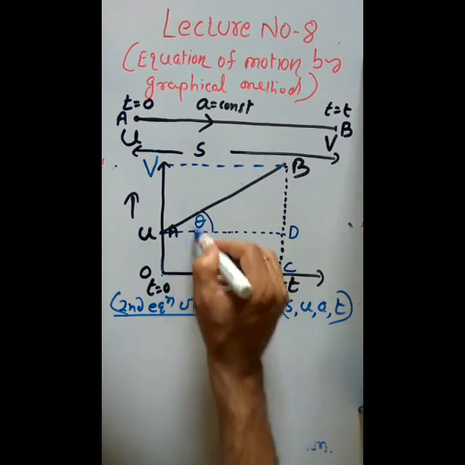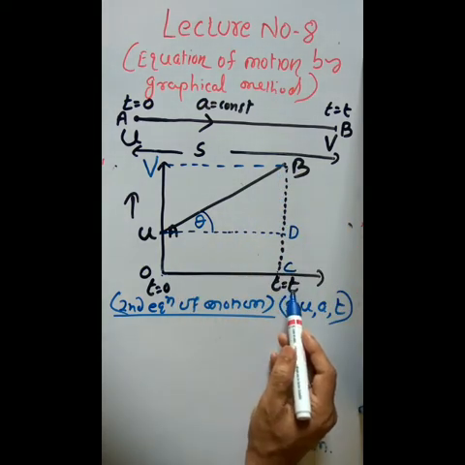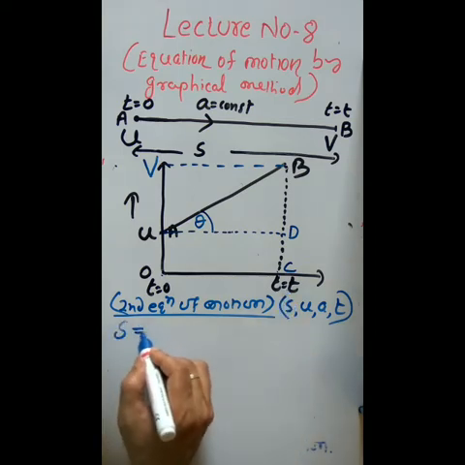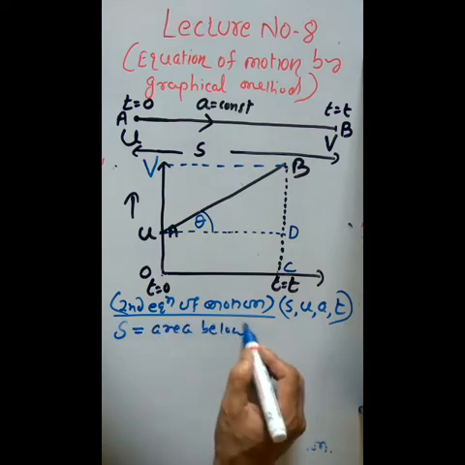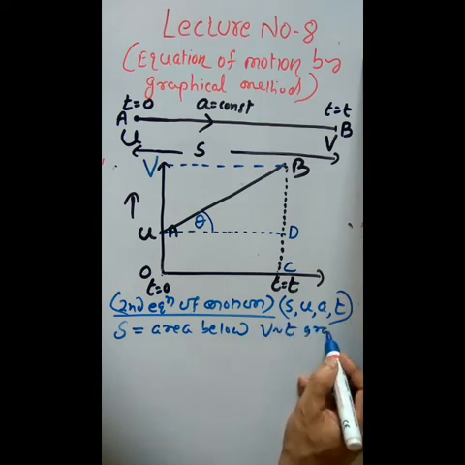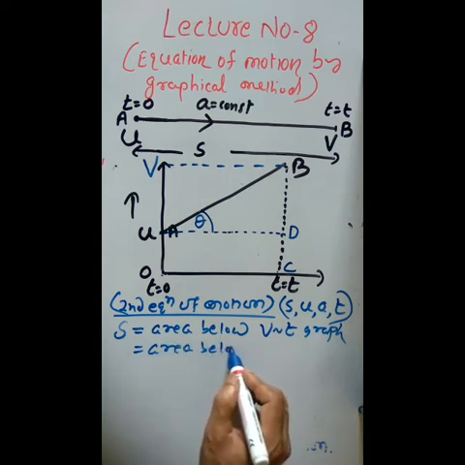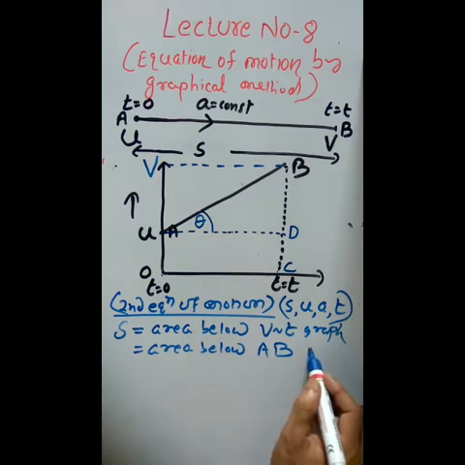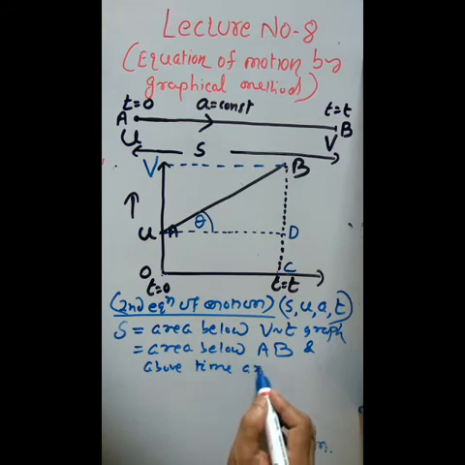This area will give the displacement covered by the body during T time. So distance or displacement covered by the body is equal to the area below the velocity time graph, which is the area below AB and above the time axis.